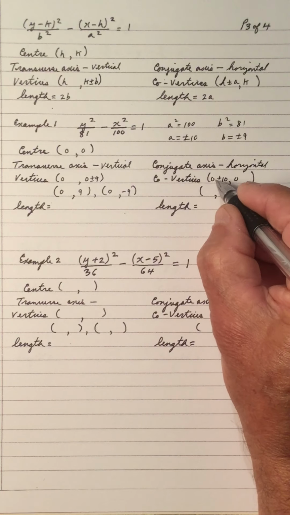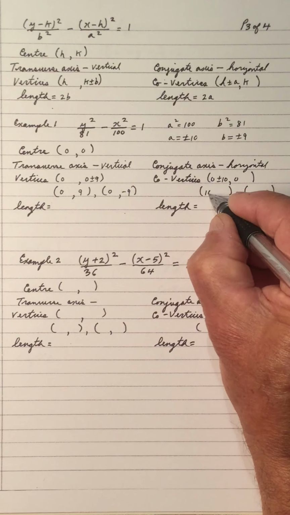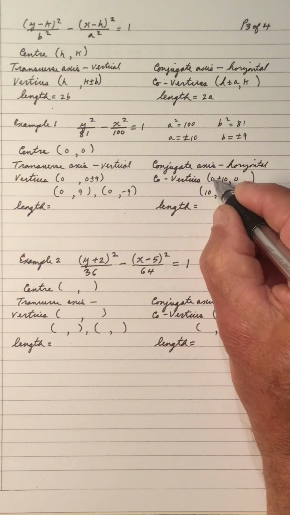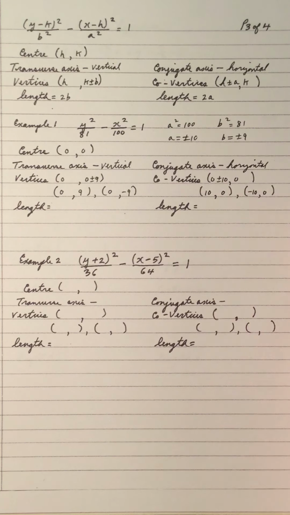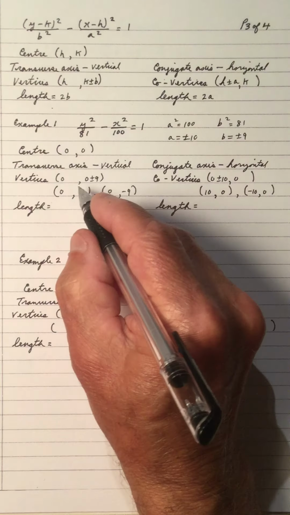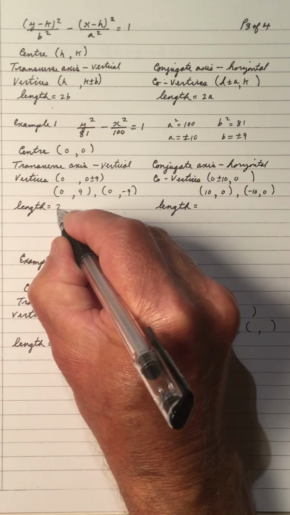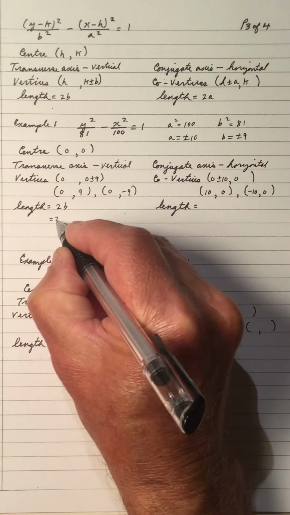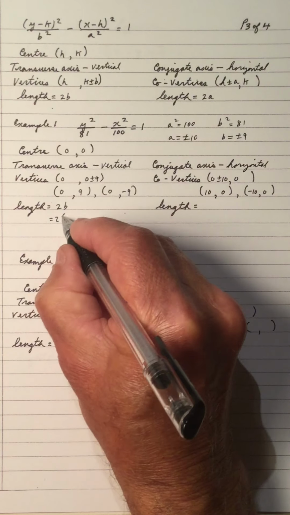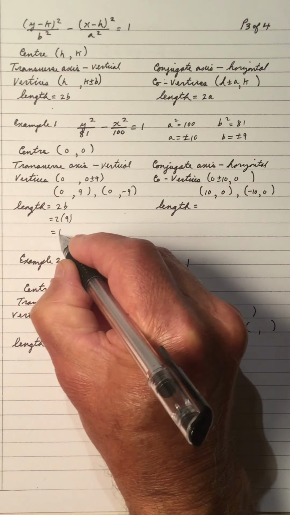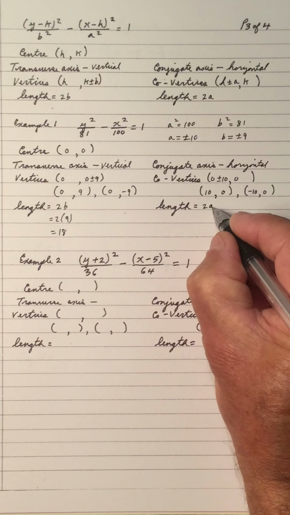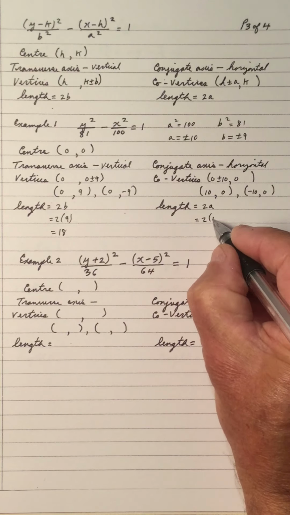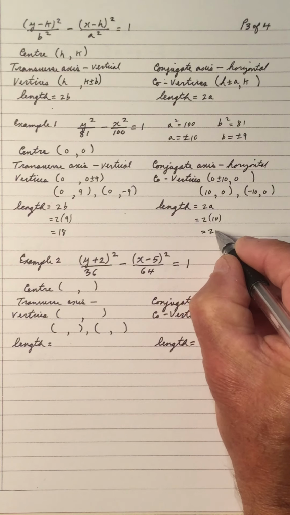So that's 10, comma 0, and negative 10, comma 0. The vertical axis is 2b, so 2 times 9 is 18. And the horizontal axis is 2 times a, so 2 times 10 is 20.